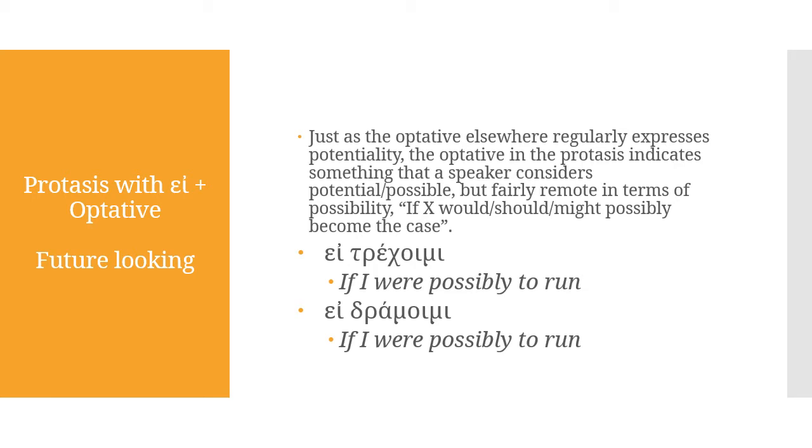The choice of aspect in the protasis is generally motivated by whether the action in view, trechoimi, and its relationship to the apodosis is contemporaneous. If I were to run, something then would possibly happen at that time. Or if it is sequential, if the action of the protasis is prior, anterior, then the aorist tends to be more likely.